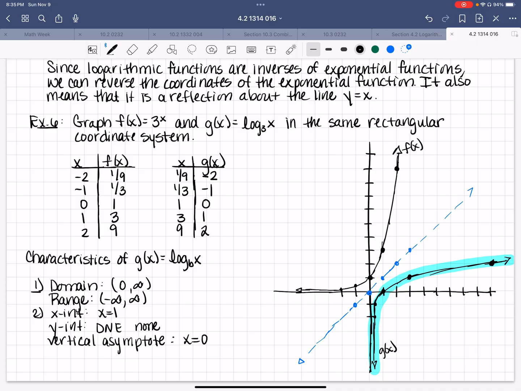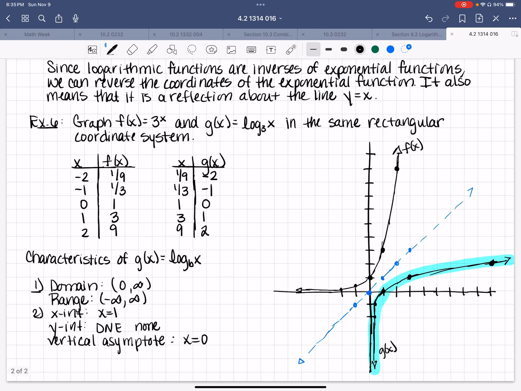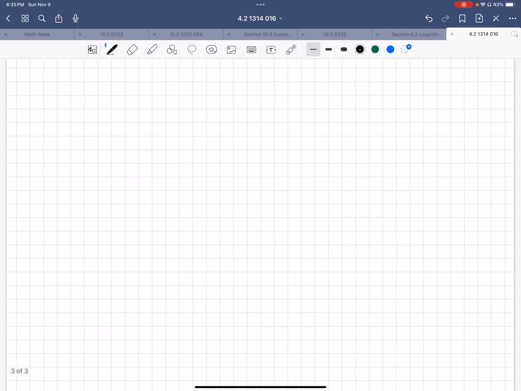And if you'll remember, we had a horizontal asymptote for the exponential functions, b to the x. While we're pointing out those characteristics of log base b of x, let's also review some rules of transformations on graphs, because that will help us graph.